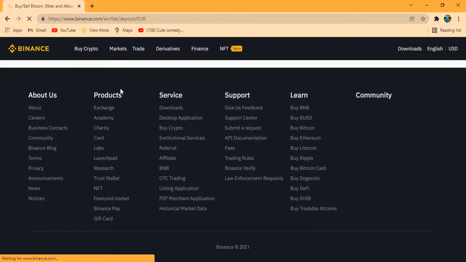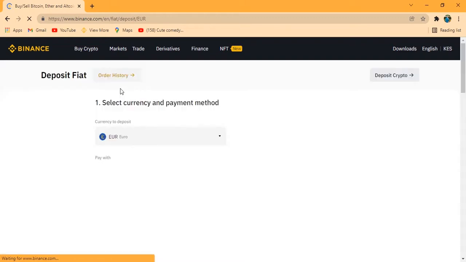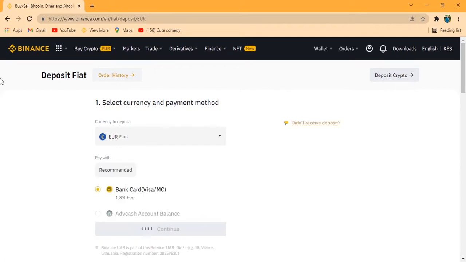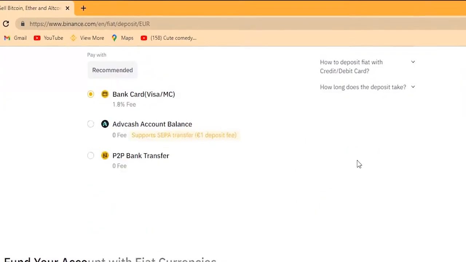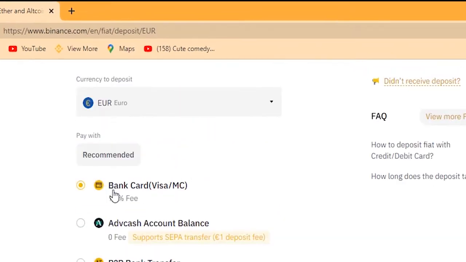Cash deposit. You can deposit your money through the bank, through the advanced account balance, through the CPA, and through P2P bank transfer. It's very simple.